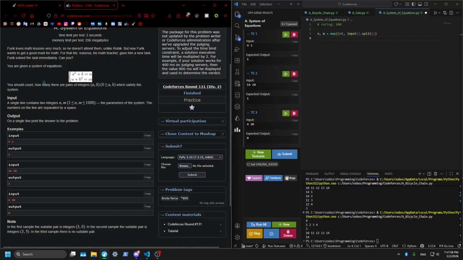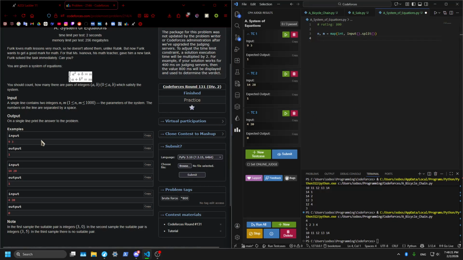And we're to count how many pairs satisfy the system. So if this is rated 800 and it's brute force, this should be one of those see-the-pattern type questions. Like if you see the pattern, this should be a very easy implementation.